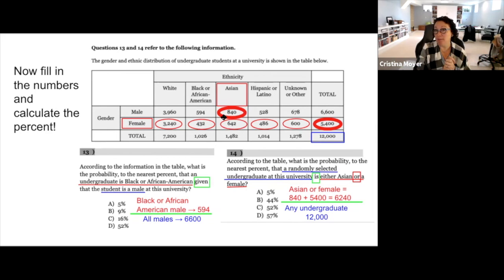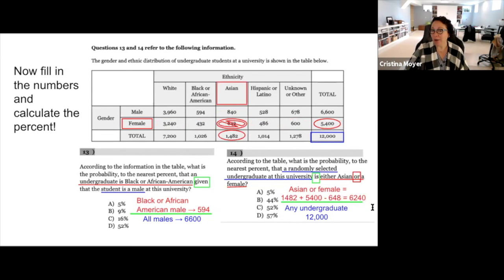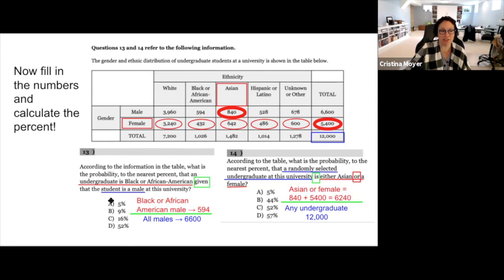We didn't count them the first time. So that would be 5,400 plus 840. But I'm just going to go back to our previous slide real quick. Do you see how we get that same number, 6,240? So like so much in math, you can think about it a couple of different ways and we can still get that answer. So whichever one makes more sense to you.